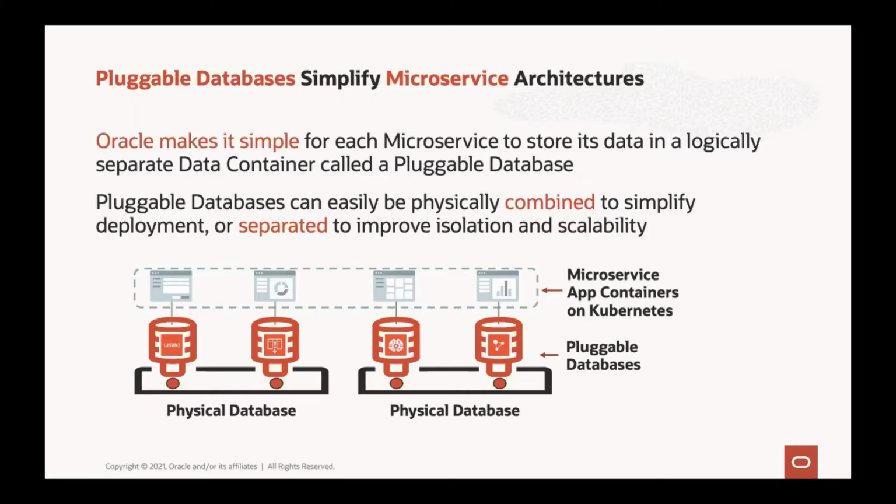And this will give you isolation, and also it will give you the possibility to bring down or to move these pluggable databases from one system to another system, and to make sure that the application will stay online no matter what happens to each one of the individual stacks.